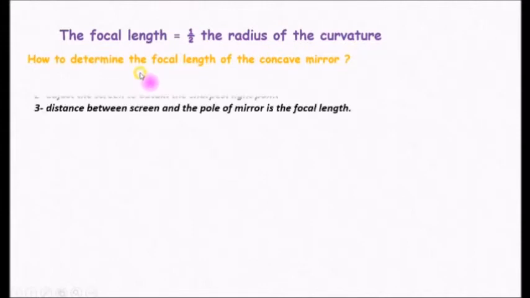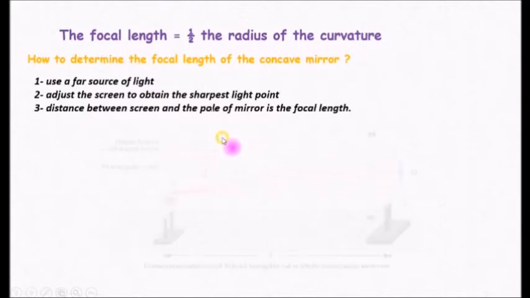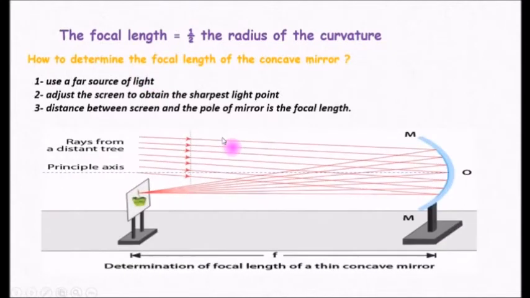How to calculate the focal length of a concave mirror? Let's see the picture. Firstly, all those reflected light rays are intersected or collected in one point. This point is called the focus, as we have said before.